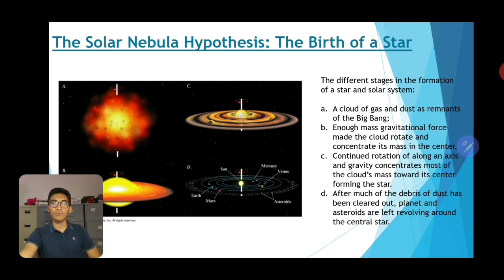So, ibig sabihin, when you say 1 light second, what is the distance of it? It's 300,000 kilometers. How about 2 seconds na nag-travel ka sa speed of light? 600,000, tama? 600,000 kilometers na yung na-travel mo kung 2 seconds ka nang nagbibiyahe at the speed of light.